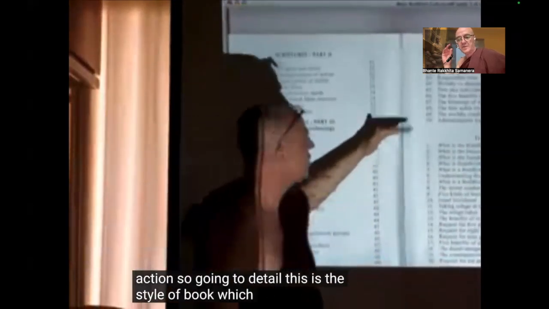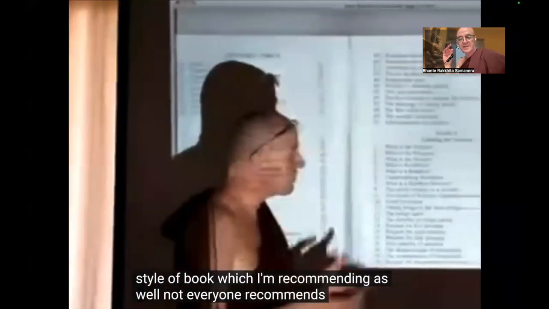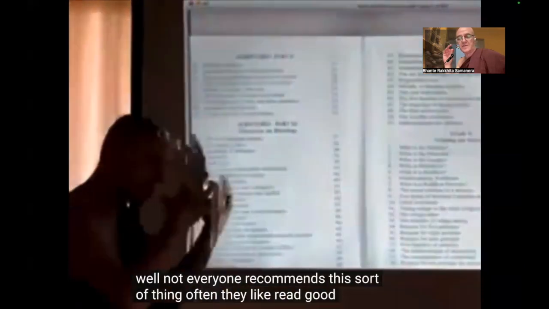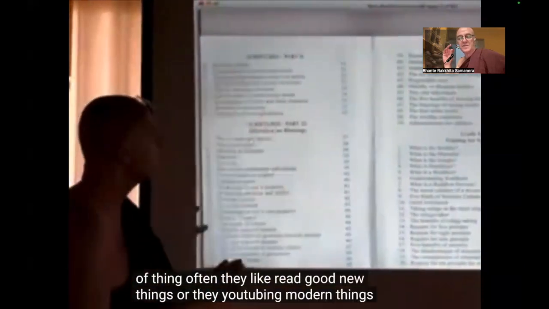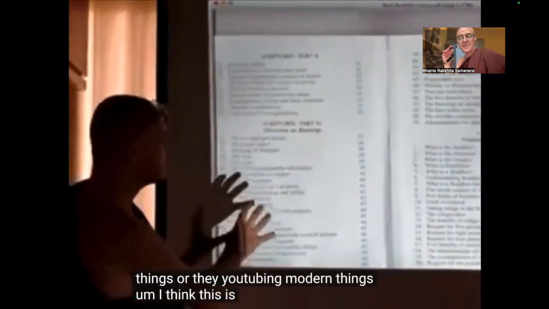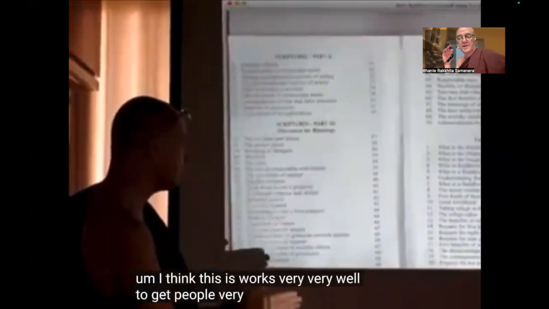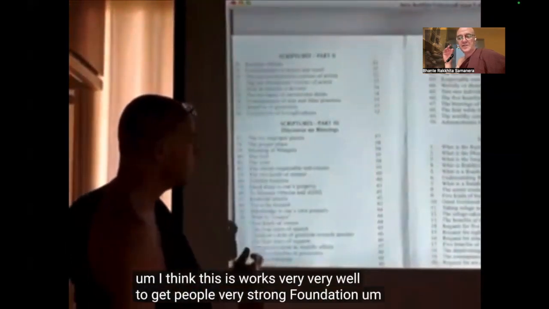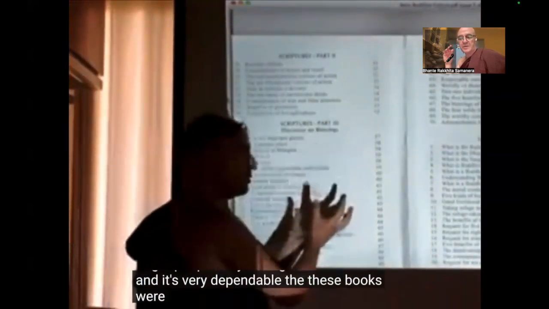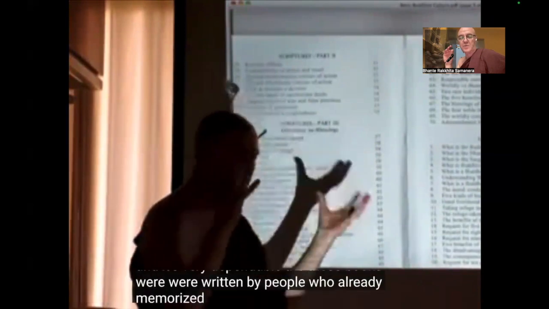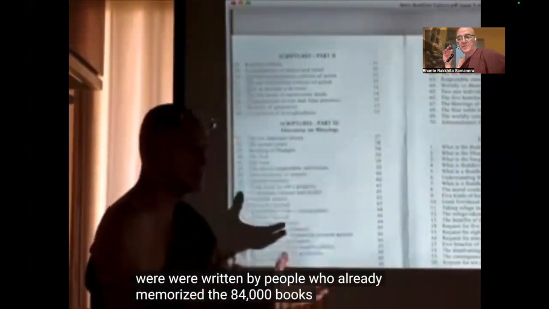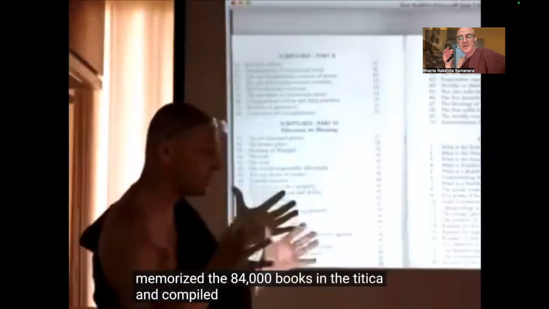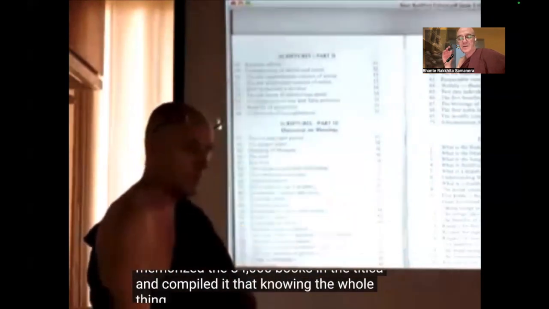This is the style of book which I'm recommending as well. Not everyone recommends this sort of thing. Often they read good new things or YouTube modern things. I think this works very, very well to give people a very strong foundation, and it's very dependable. These books were written by people who had already memorized the 84,000 books in the Tipitaka and compiled it, knowing the whole thing.